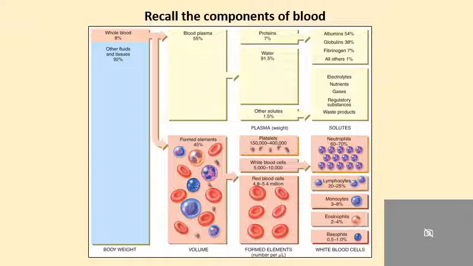The urinary system primarily deals with modifying the composition of blood plasma. So let's dive in more deeply there. Like any body fluid, blood plasma is mostly water, and the most abundant type of dissolved solute in plasma is protein. Within those proteins, we have albumins, globulins, fibrinogen, and others.